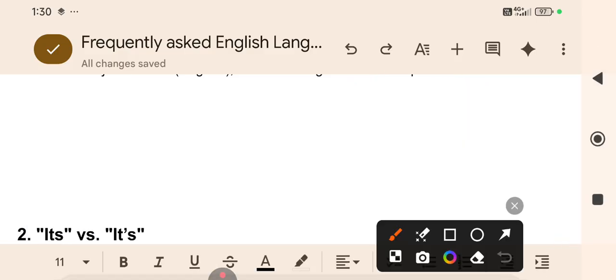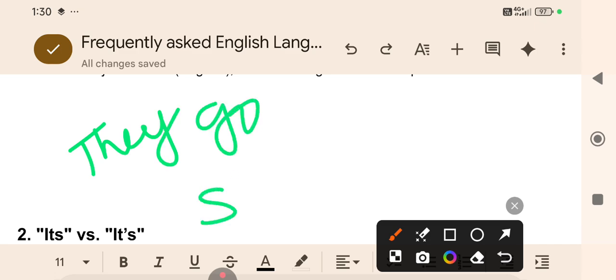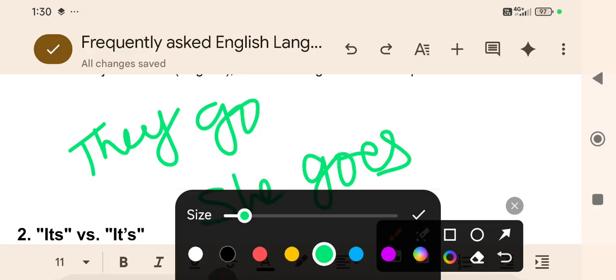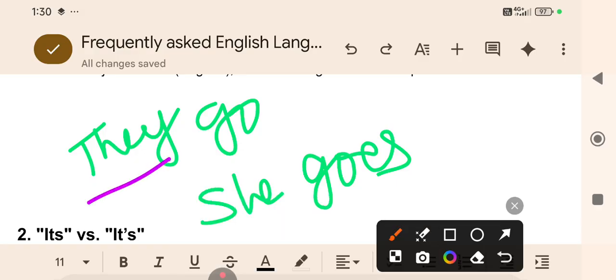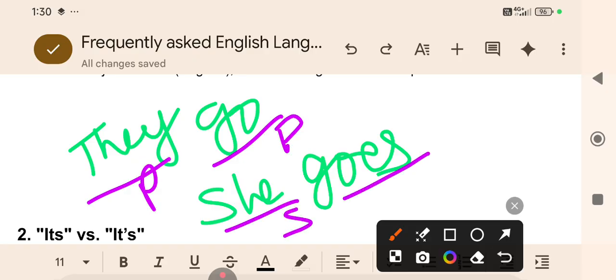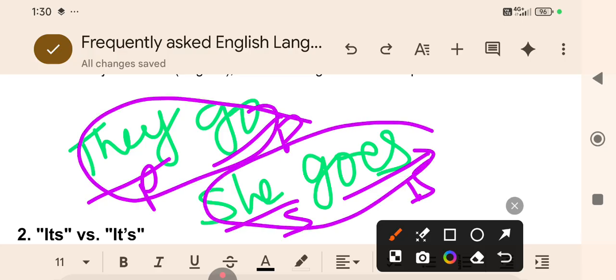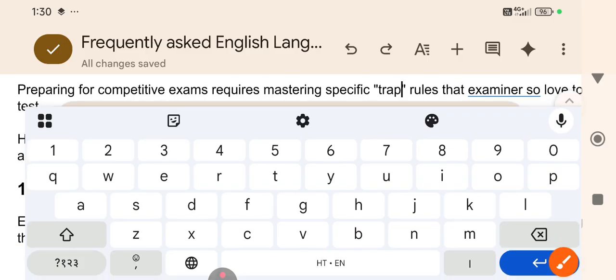They go and she goes. What is important? They is plural, without s the verb is plural. She is singular, with s the verb is singular. So that is what we are discussing, right?